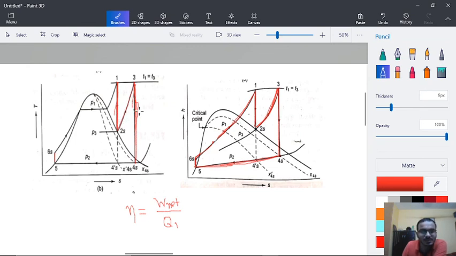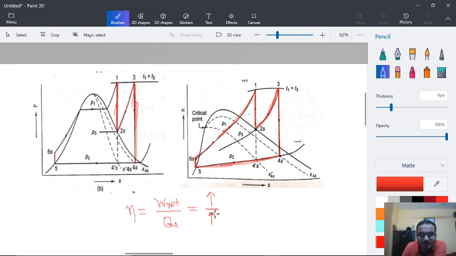So it is obvious that when we adopt the reheat cycle, the net work output will surely increase, but still we cannot directly comment on the efficiency, whether efficiency will increase or decrease, because it also depends on the value of total Q, that is heat addition. Because in this case, if we see mathematically, W net is increasing, at the same time the heat addition is also increasing.